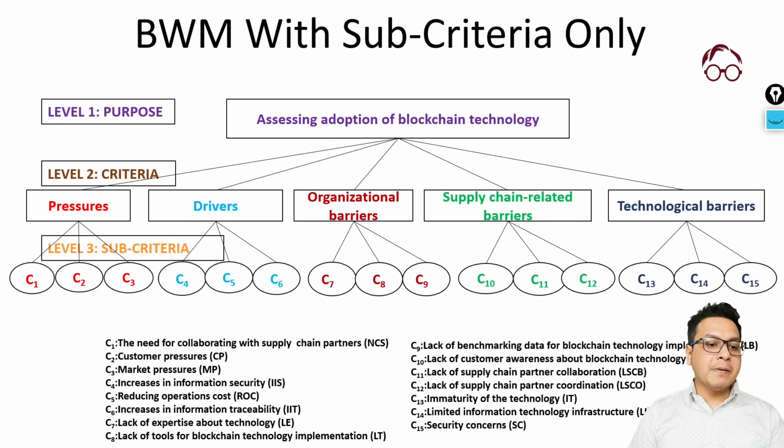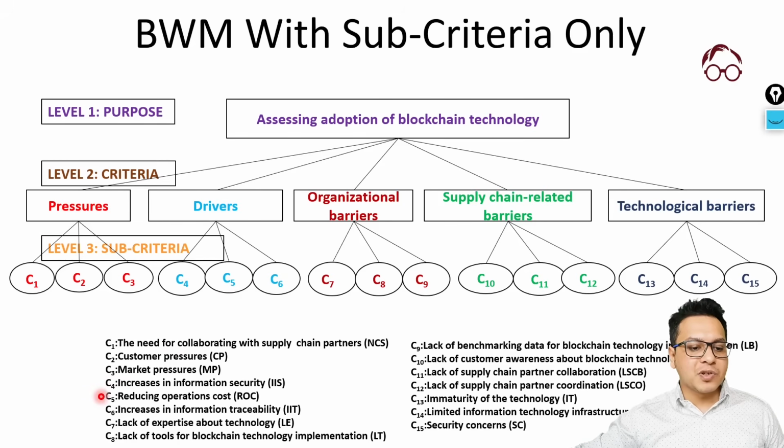What they mean, you can see down here, right? See what C1 means, C2 means, C3 means. Then here we have C4, C5, C6. They are here, C4, C5, C6, and so on, right?